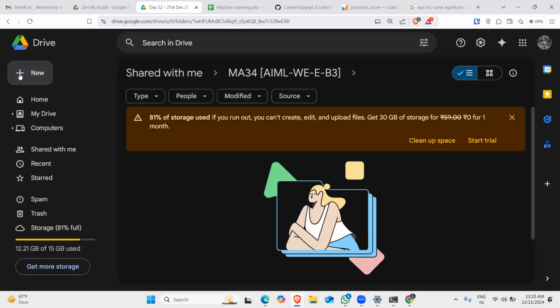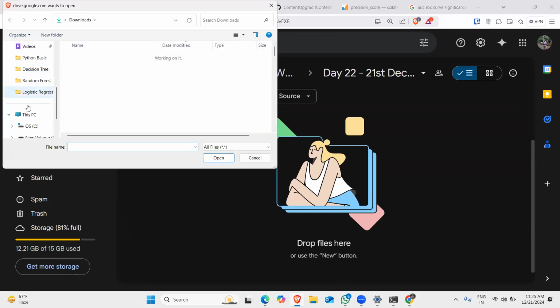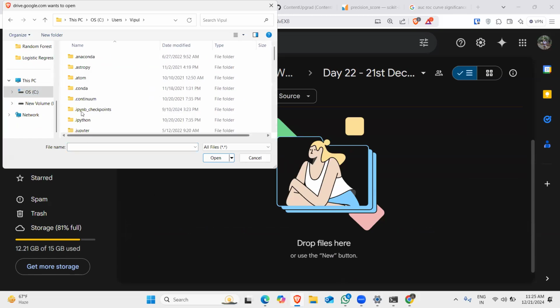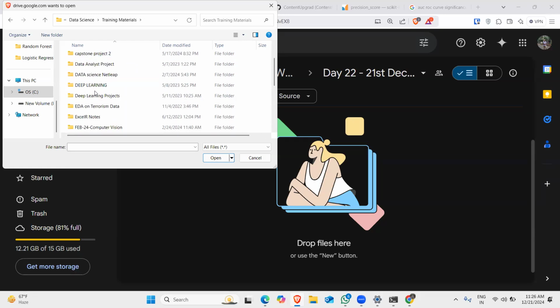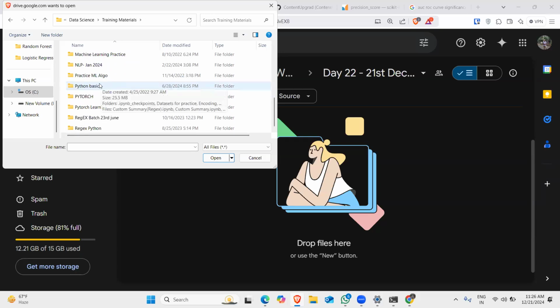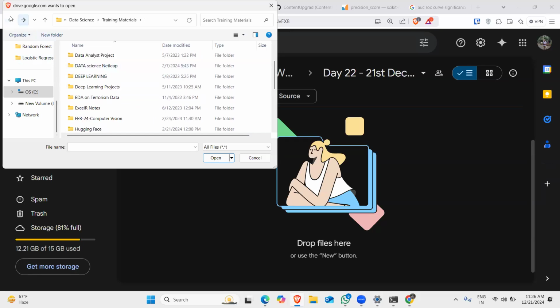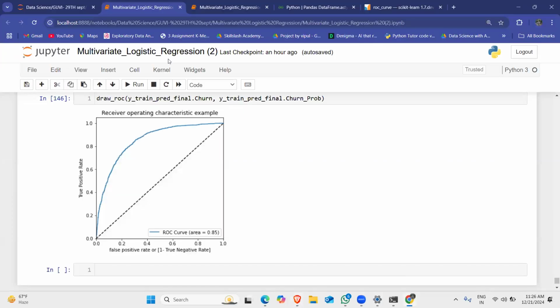I will just upload the file, this one. Multivariate logistic regression 2.